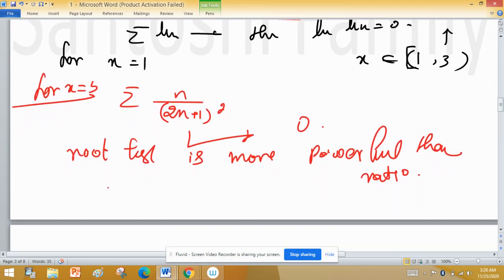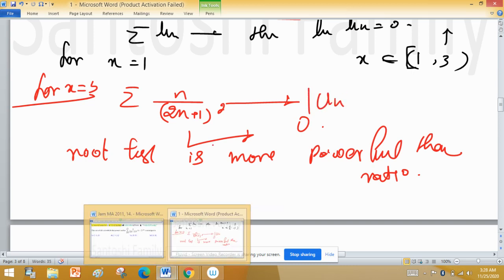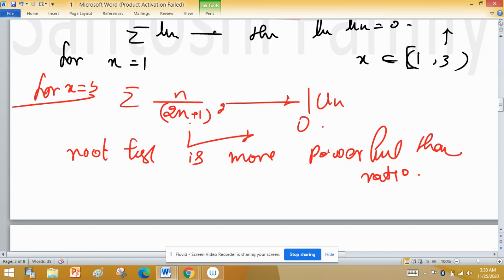What is the root test? This is my new un, the new term, not the same as the previous one; I didn't change the notation.